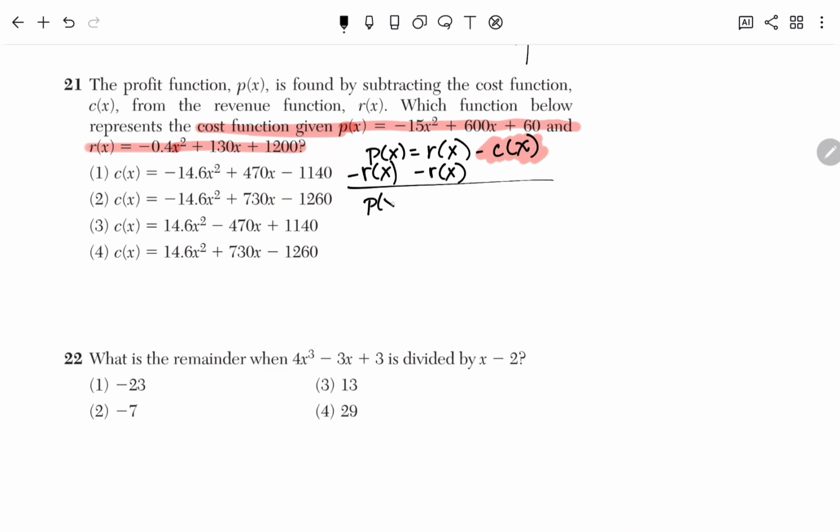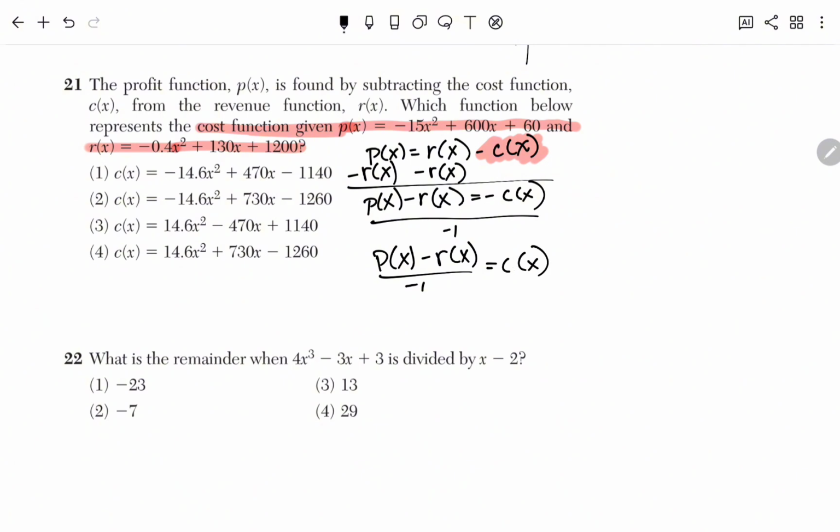I have P of x minus R of x equals -C of x. And then I have to divide by -1 to get P of x minus R of x divided by -1 equals C of x. Haneen, is this helpful?